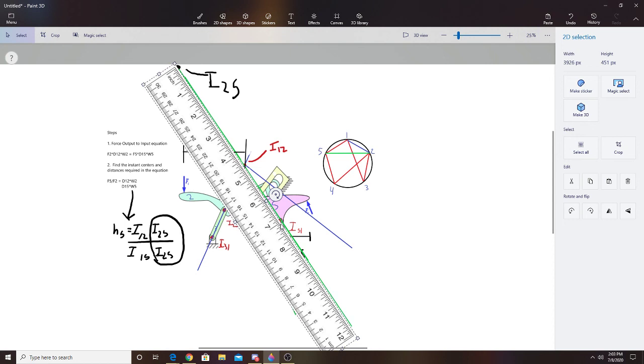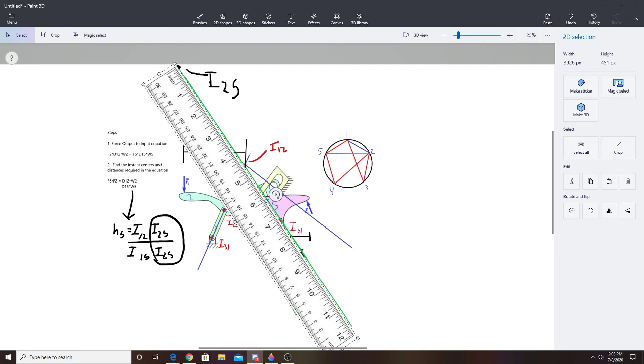We could probably call it that, or it could be 6 and 7/8 or something like that. So I'm gonna call it 6 and 7/8. All right, which is the distance from this point to this point right here.